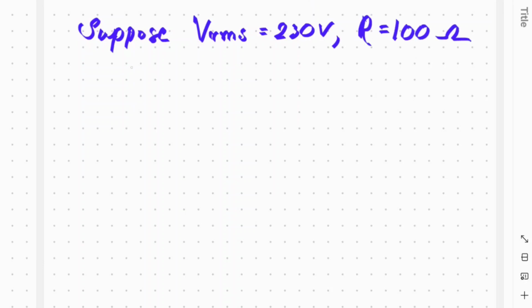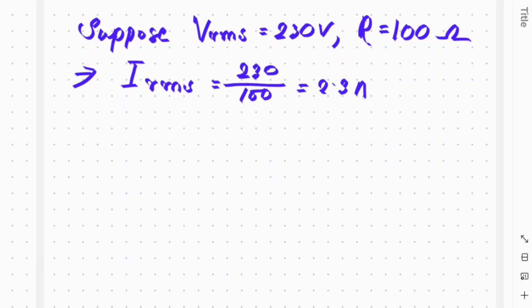Now we'll see a simple example. Suppose V RMS is equal to 230 volt and R is equal to 100 ohm. So I RMS is equal to 230 by 100, that is 2.3 ampere.